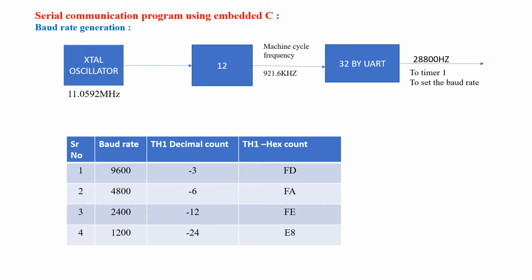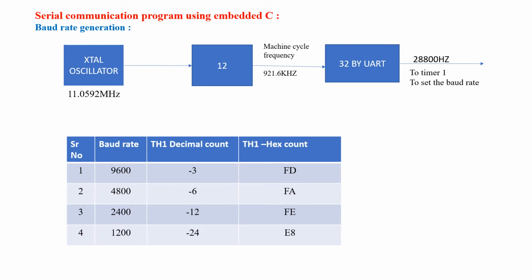Now suppose the baud rate is 9600. So our baud rate calculation is 28,800 Hz. This frequency is divided by 9600 and hence we obtain the value of TH1 as 3.